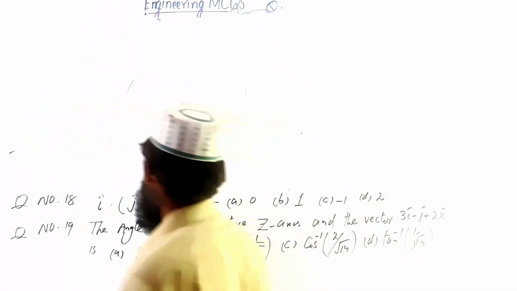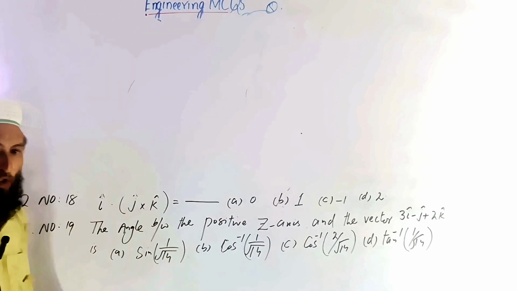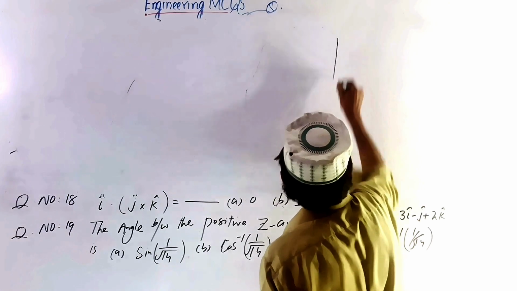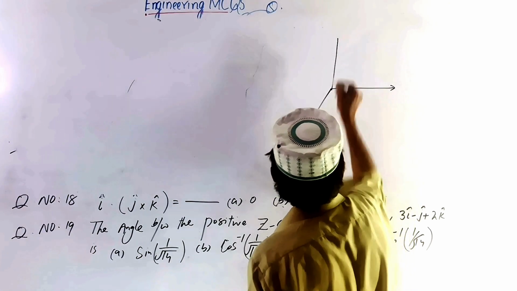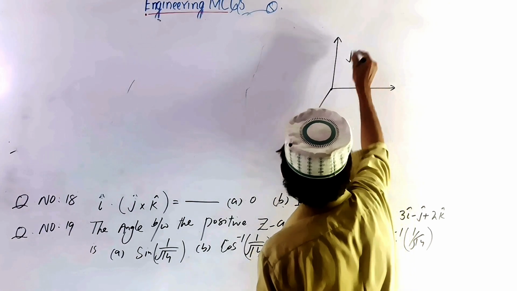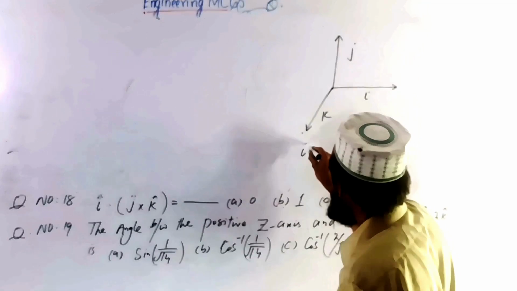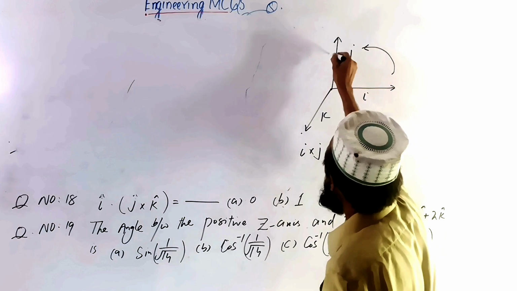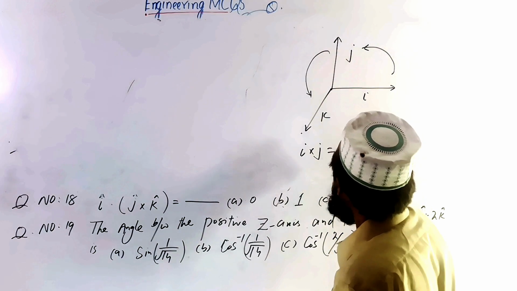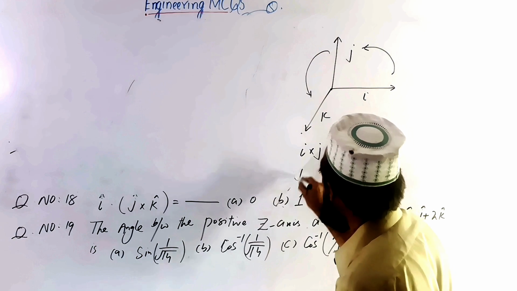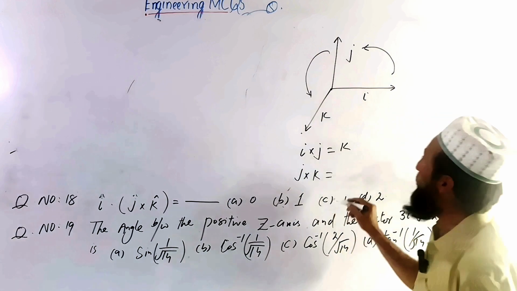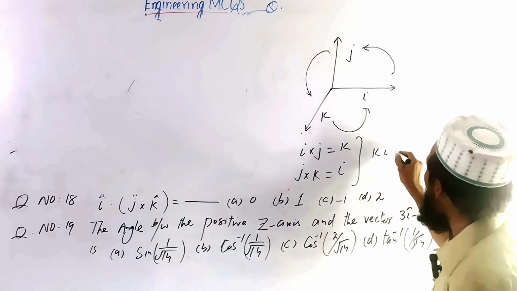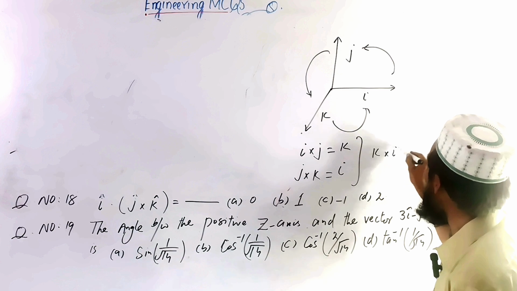Question number 18, i dot j cross k. Now we use the definition in three dimensions of i, j and k. I cross j gives k in the anti-clockwise direction, j cross k is equal to i, and similarly k cross i is equal to j.